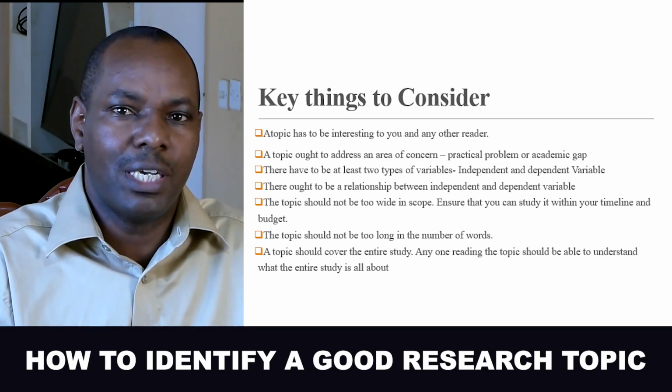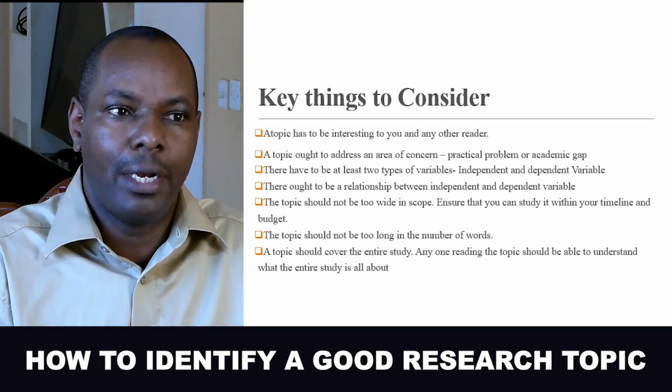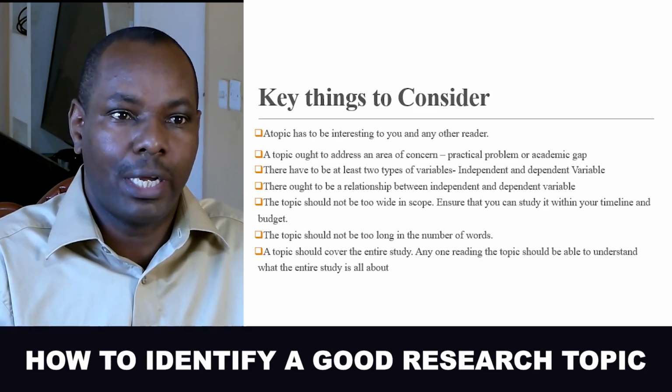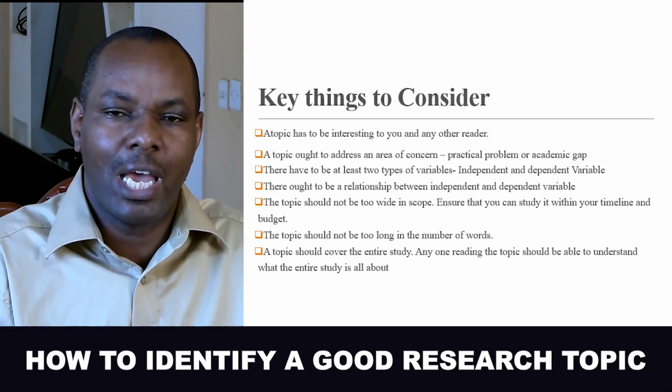If it's just a bachelor's, you may need to limit your scope as much as possible, because you may have limited time and resources to carry out that research. Ensure that you can study it within your timelines and the budget that you have.